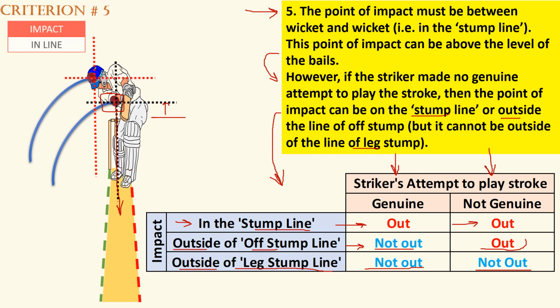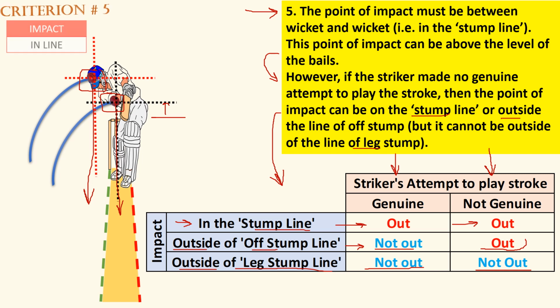The second animation shows that the ball is having an impact on the striker's helmet, and this impact is outside the line of off stump. Therefore, the genuineness of the attempt of the striker will have to be checked.